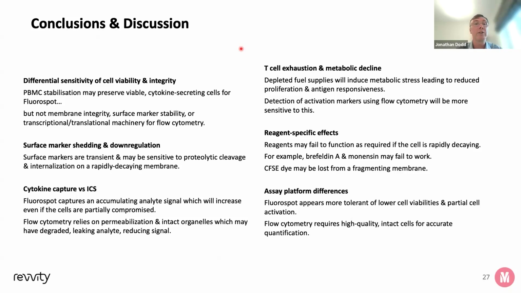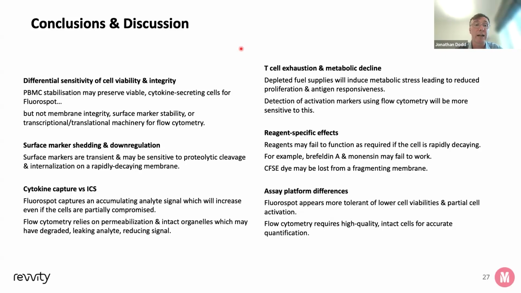PBMC stabilization reagents may be able to preserve the viable cytokine secreting cells for the FluoroSpot platform, but they're unable to maintain the membrane integrity, the surface marker stability, and the transcriptional and translational machinery that flow cytometry requires in order to generate a meaningful result. Flow cytometry often uses surface marker expression, and these appear to be shed or proteolytically cleaved and internalized on what we assume to be a rapidly decaying cell membrane.